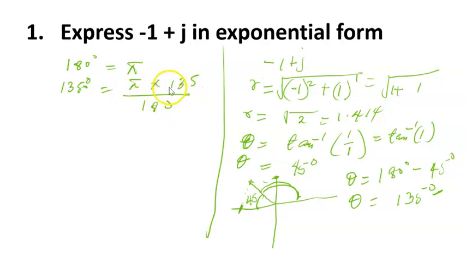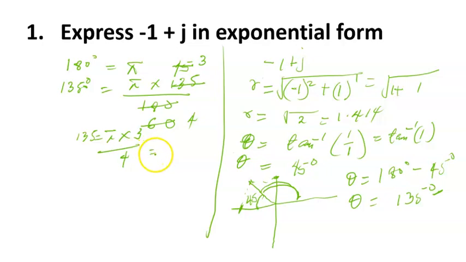Dividing both by 3, 135 becomes 45 and 180 becomes 60. Then dividing by 15, 45 becomes 3 and 60 becomes 4. So 135 degrees is the same thing as pi times 3 over 4 radians.